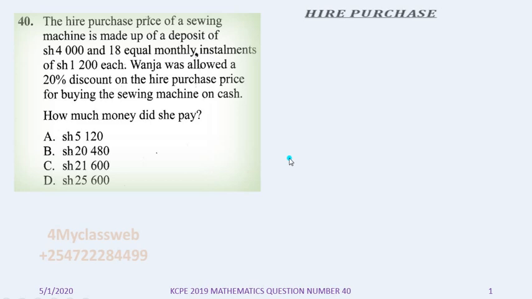And as I've said, this question is on hire purchase, and the question is coming from the KCPE that was done in the year 2019.